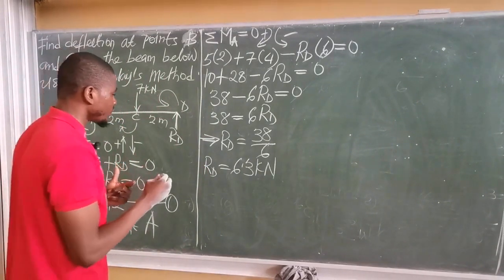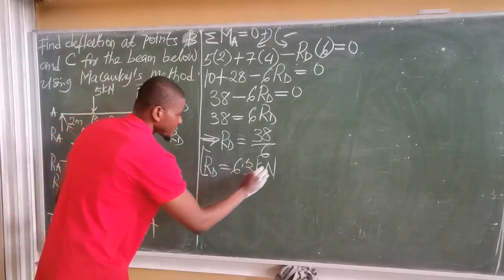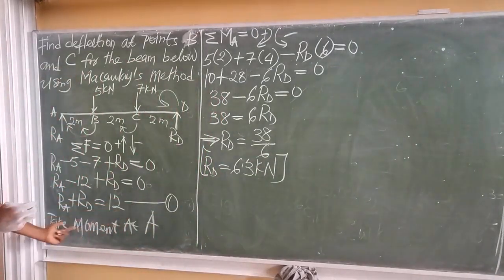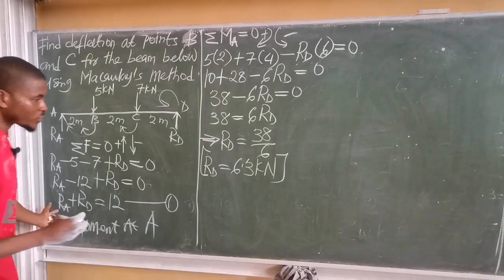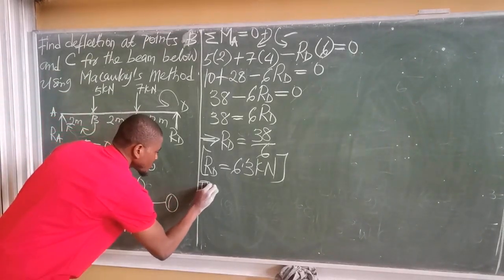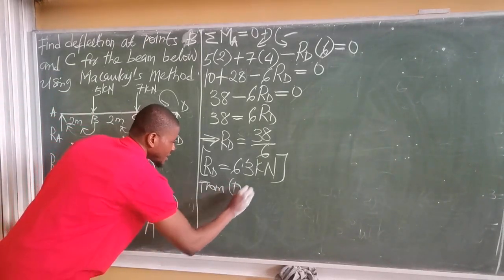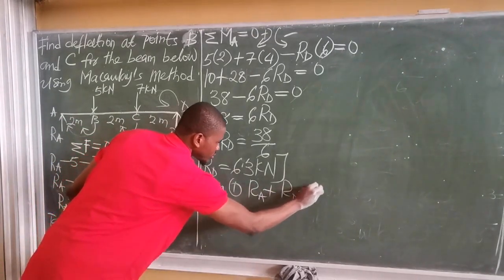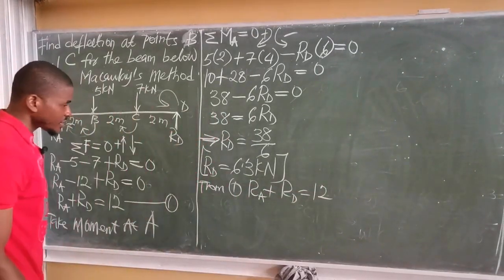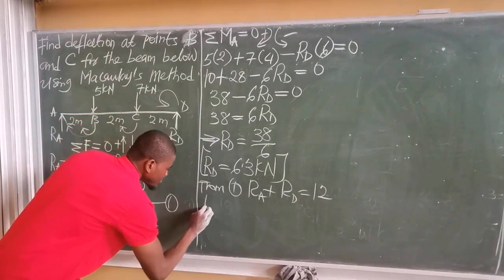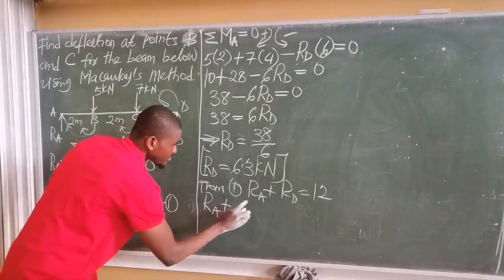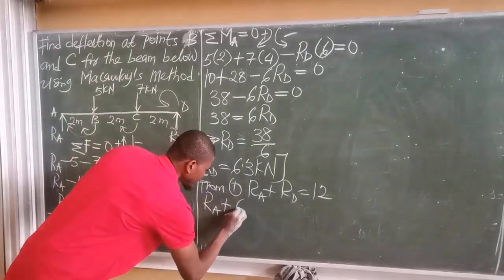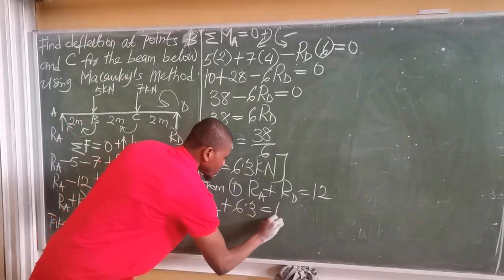Now that we know the value of this reaction, we can substitute it into equation 1 to obtain Ra. From equation 1, we had Ra plus Rd equals 12. So in place of Rd we put in 6.3, so Ra plus 6.3 equals 12.